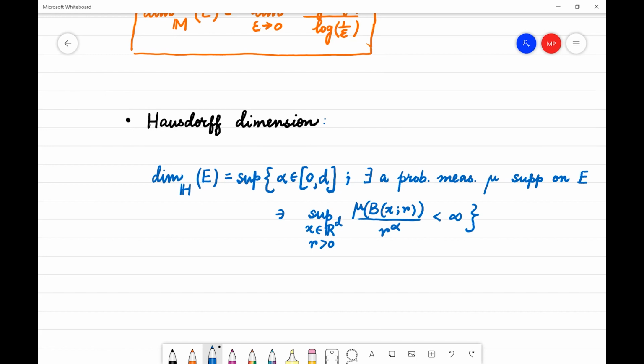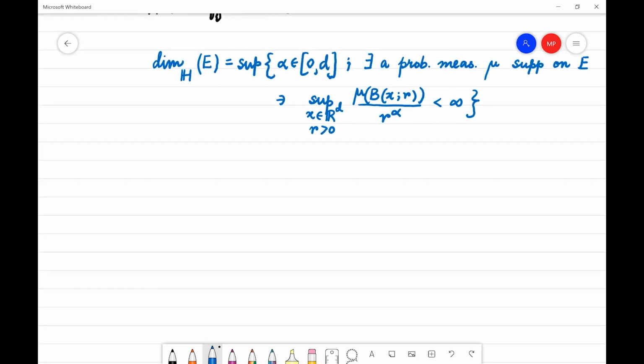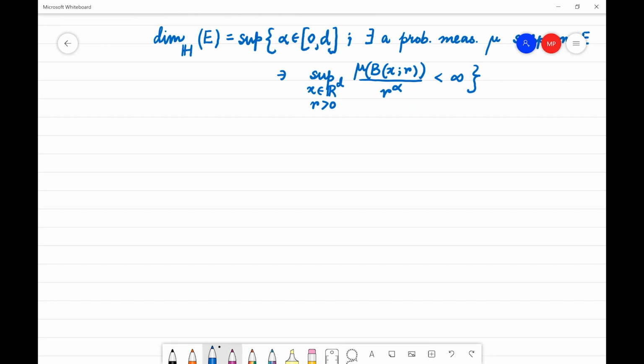Okay. So this is one definition, and I'll come and talk in a little while about another equivalent definition. And even though today I won't talk about it too much, I'll just put it out there.